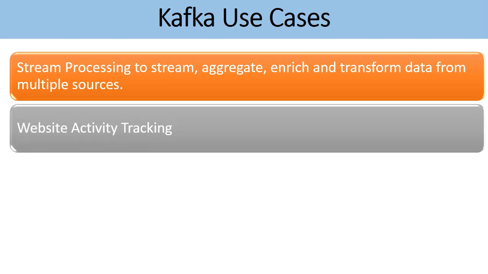The second use case can be that we have a website, maybe a shopping related e-commerce website or any kind of website where we want to monitor and track the activities of the user. In this case, if we use the publish subscribe mechanism of Kafka, then all the activities that are being done on the website can be monitored, and events can be generated and sent to the Kafka cluster, to its brokers.